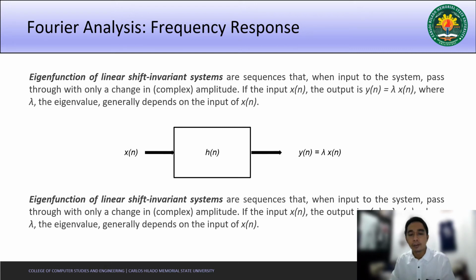So the eigenfunction could also be attributed to this: x is your input and h sub n is your process, and this would be your output.